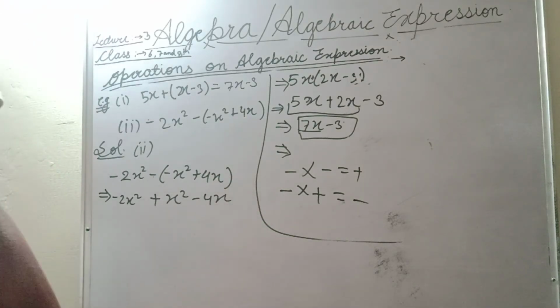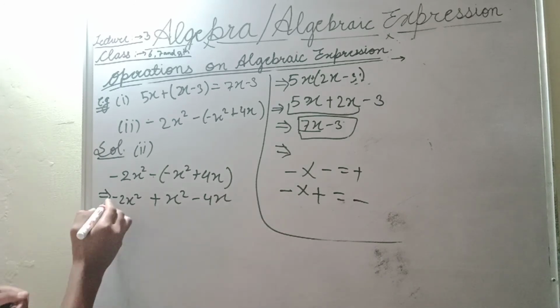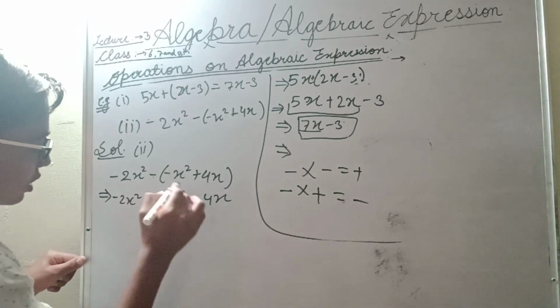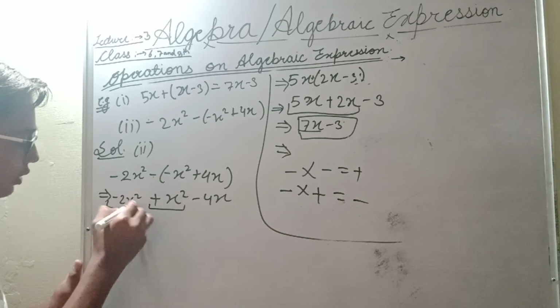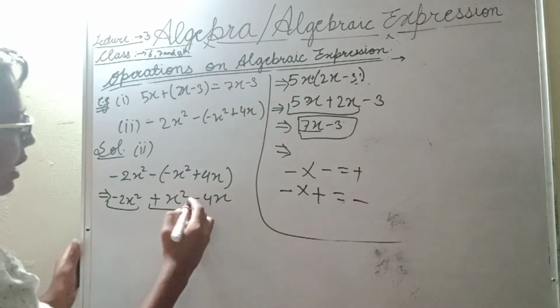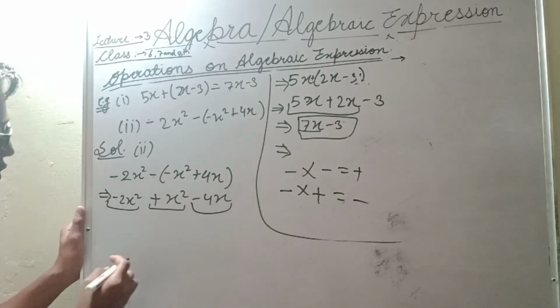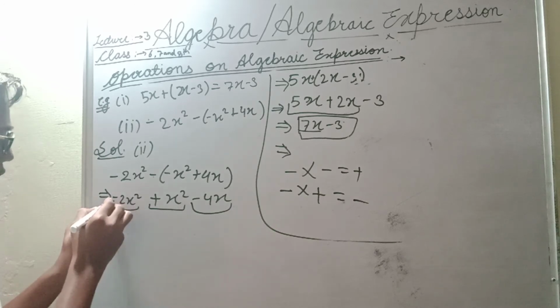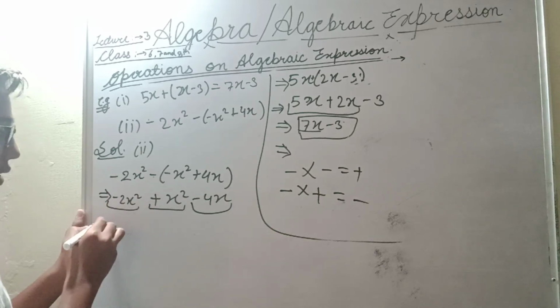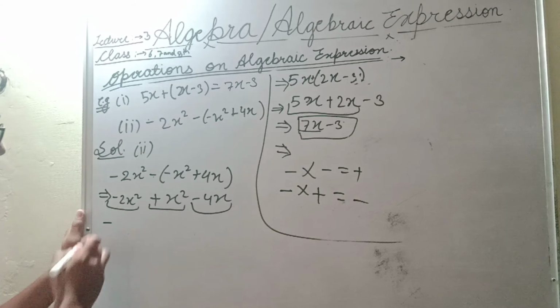And now we solve it. This is the positive term, and this is the negative term. Plus and minus give minus.